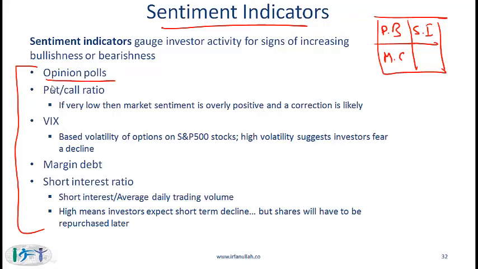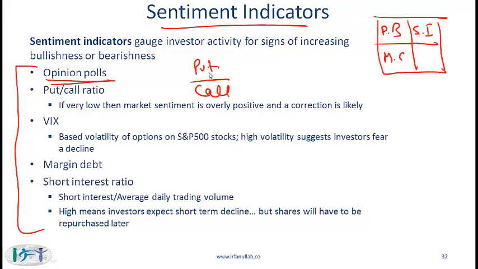The most basic is an opinion poll, where you ask investors or those who are impacting the market about their sentiment, and based on the polls you determine whether the sentiment is bullish or bearish. Next, we have the put divided by the call ratio. If you've not seen these items before, put and call are essentially derivatives, and you will see these later in the course.